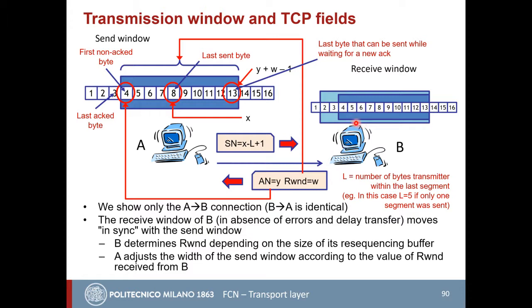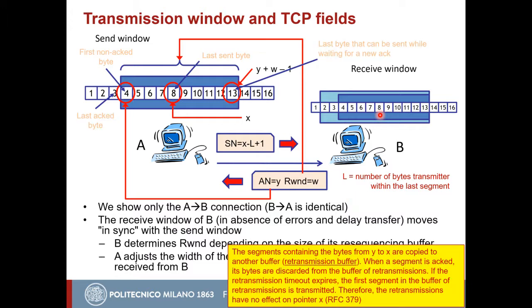On the receive side, the dark blue rectangle is the receive window, and the light blue rectangle represents the buffer on the receiver side.